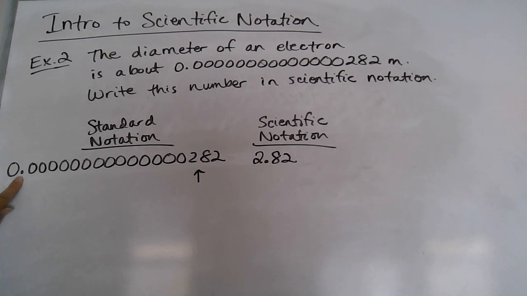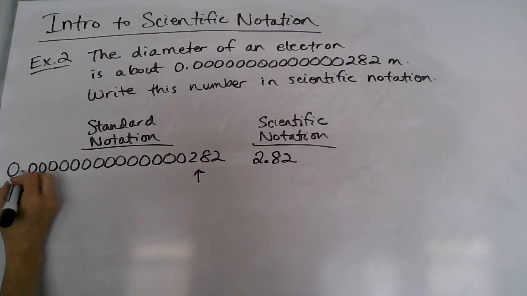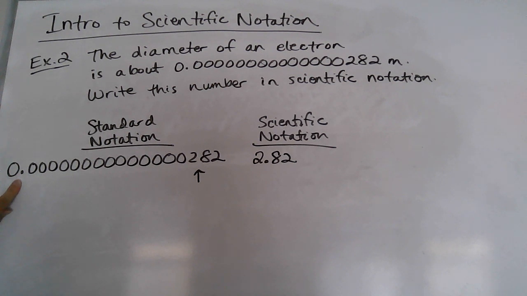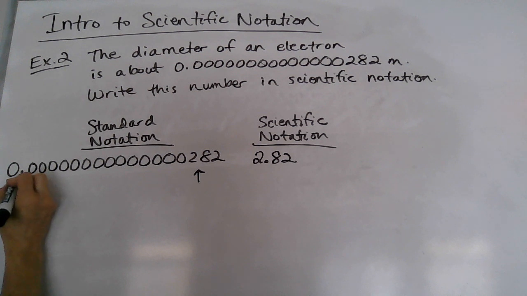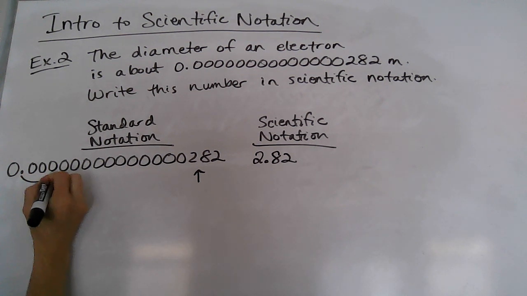We're going to be moving the decimal right there. We need to figure out how many times we've moved the decimal so we know what power to put on our power of 10. So let's go ahead and count. And again, you can count individual spaces. Sometimes when you have this many zeros, it ends up being kind of tedious and you might make a mistake. So that's why, again, I like to use groups of 3, but do what you need to do for you.